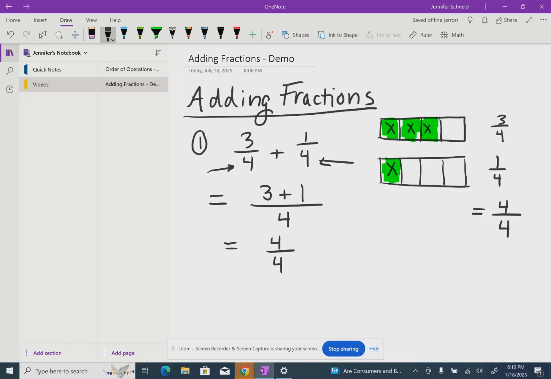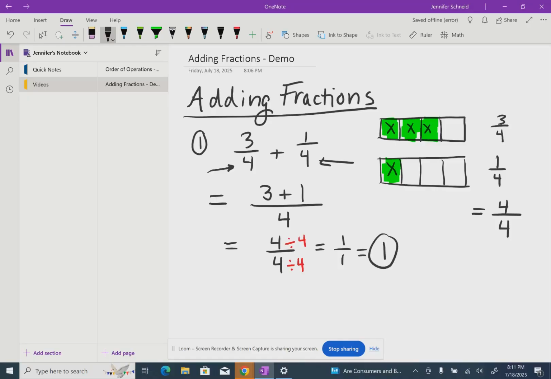So 4 out of 4, we can think about the largest number that goes into 4, and the largest number that goes into 4 on the top and the bottom is 4. So if I divide the numerator and denominator by 4, I get 1 over 1, which is 1.